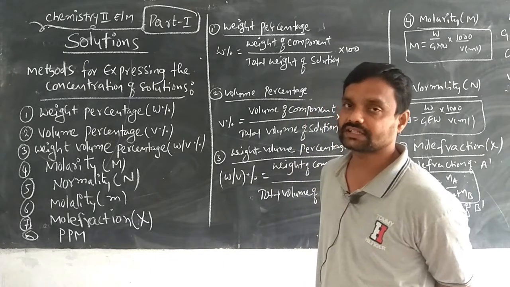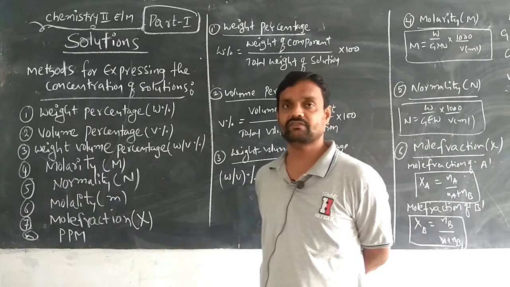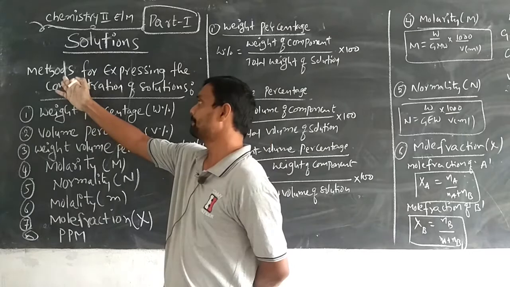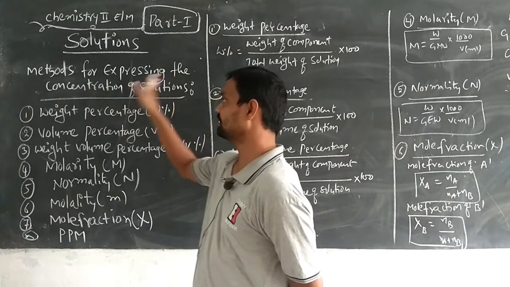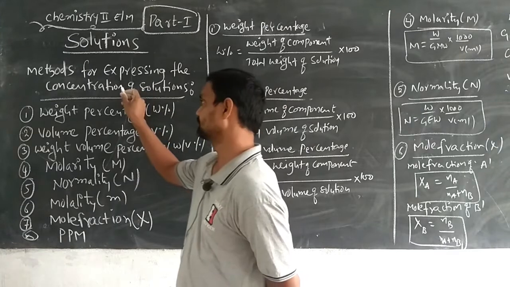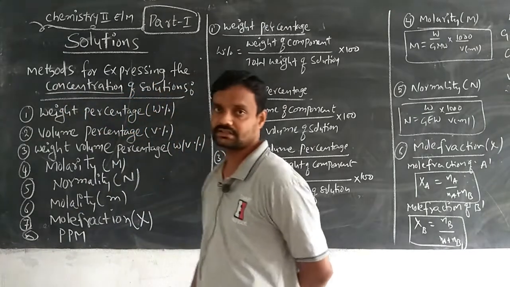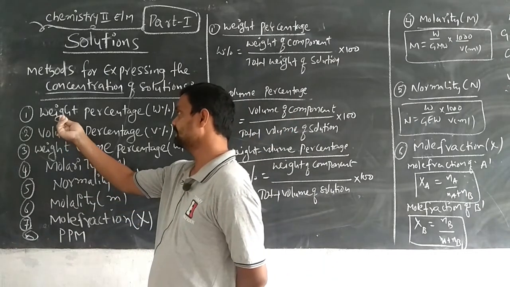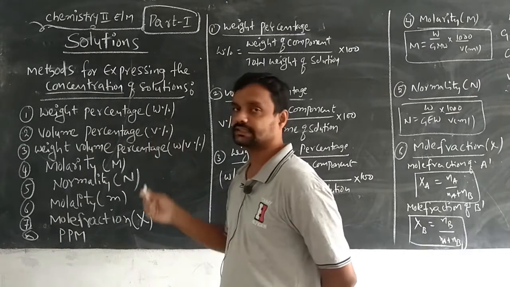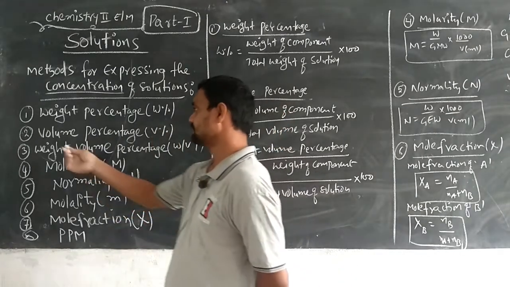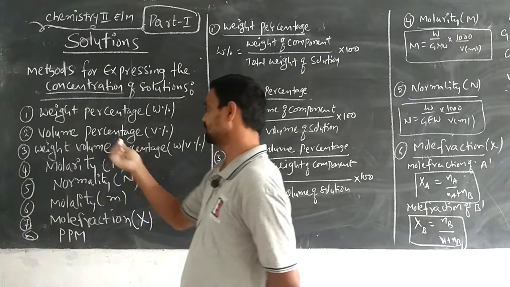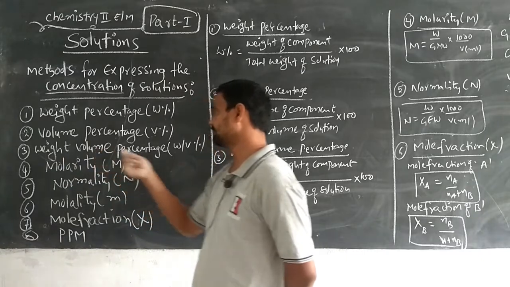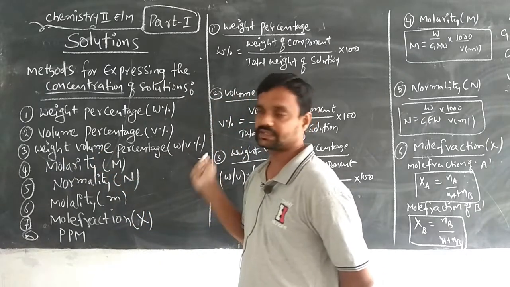There are different methods for expressing the concentration of solutions. One is the weight percentage, indicated with W percentage. Second is the volume percentage, V percentage. Third is the weight by volume percentage, W by V percentage.